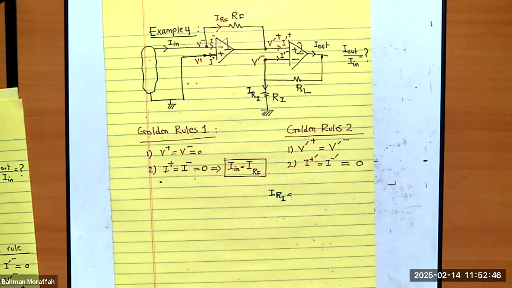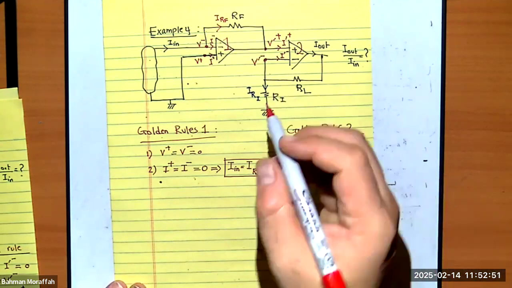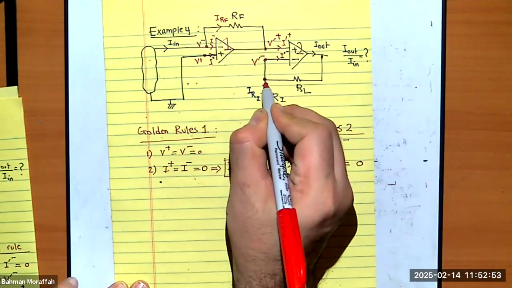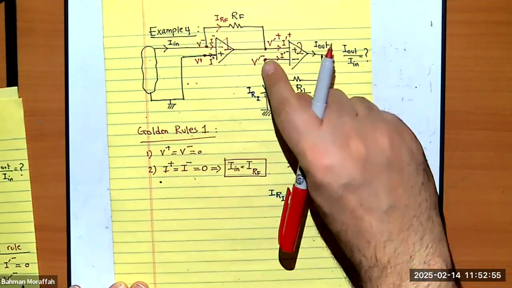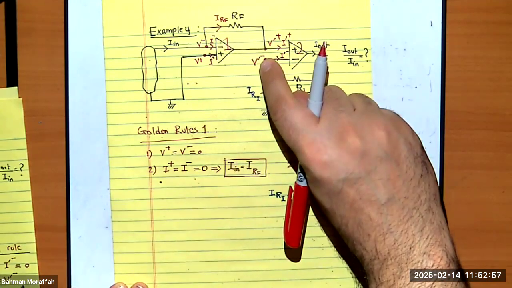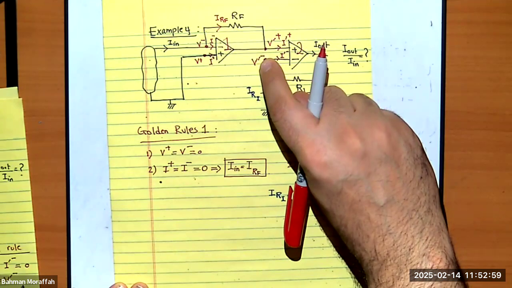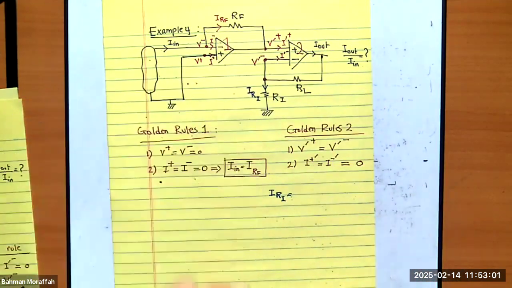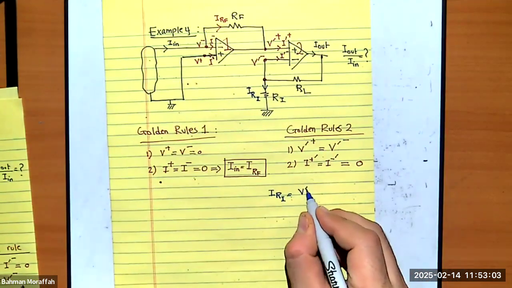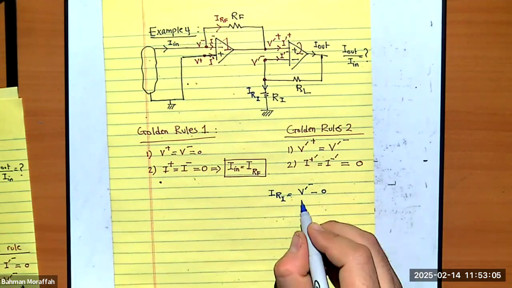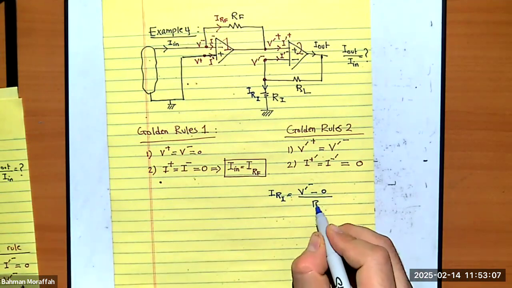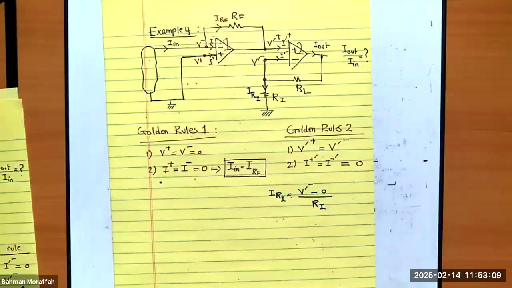Then I know the current through it. But what is the voltage across this? Well, what is this node? Do you agree this node is exactly the same as this V prime negative? So what is the voltage across this? That is V prime negative minus 0 divided by Ri, right?